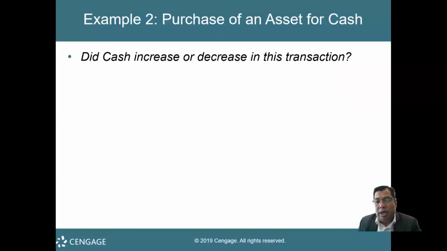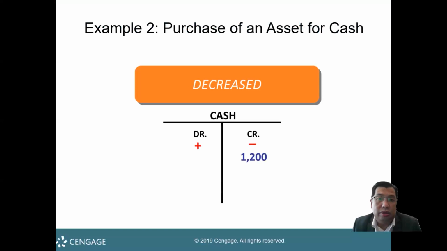How about cash? When we make payment of 1,200, certainly our cash will reduce. A reduction in cash is on the credit side. We credit the account 1,200.